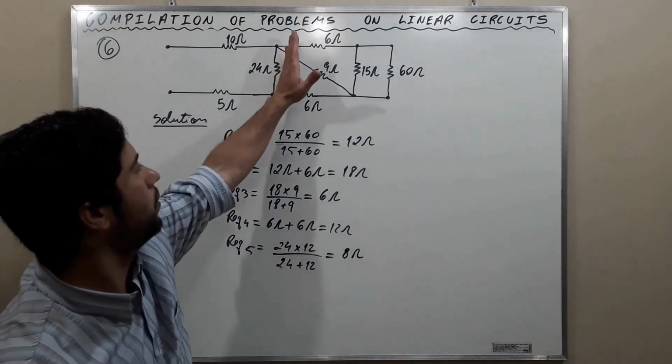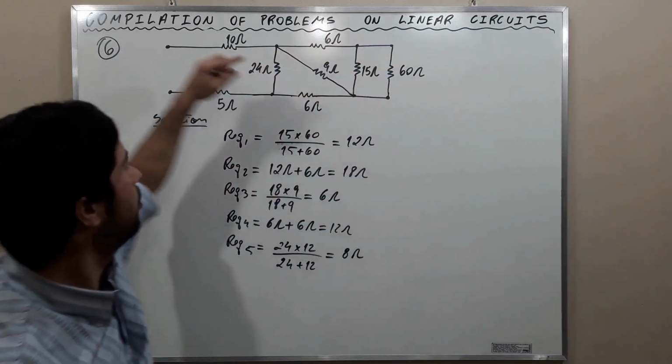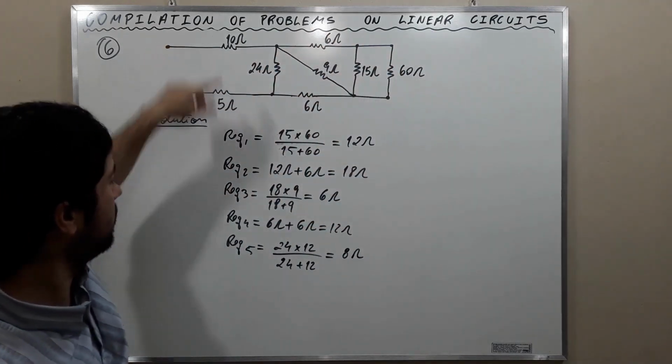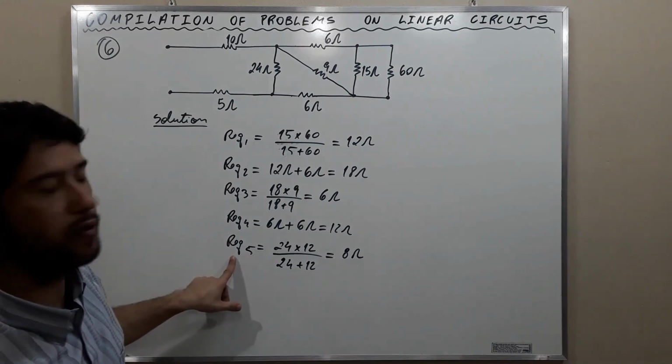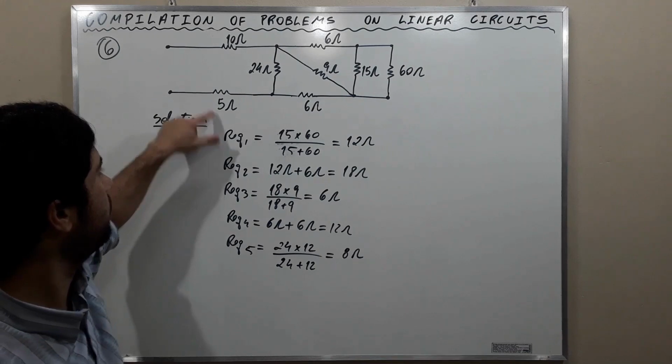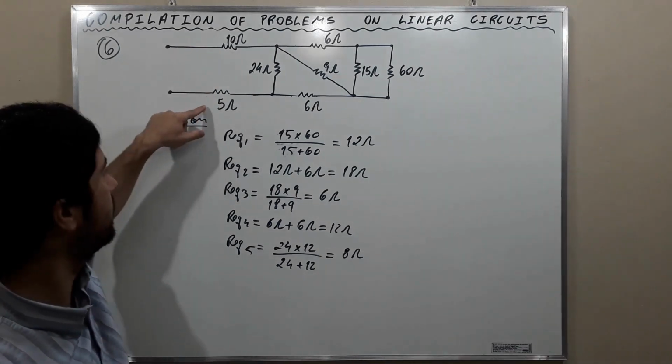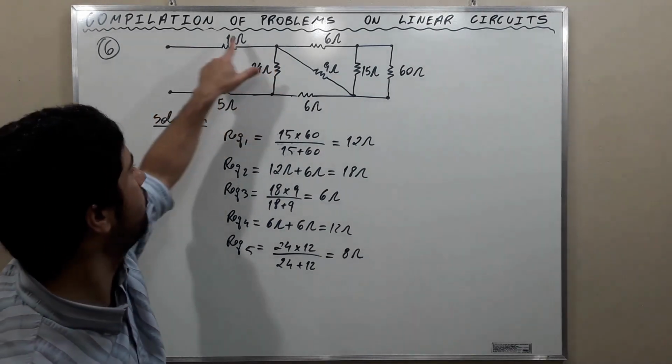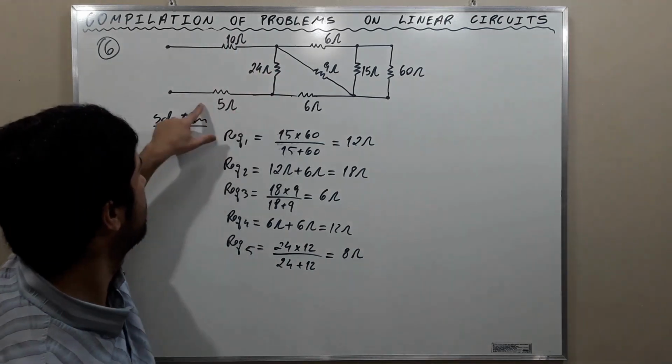And if we remove all this, we observe that equivalent resistance number 5 is in series with 5 and 10 ohms. They will be in a series connection like this.